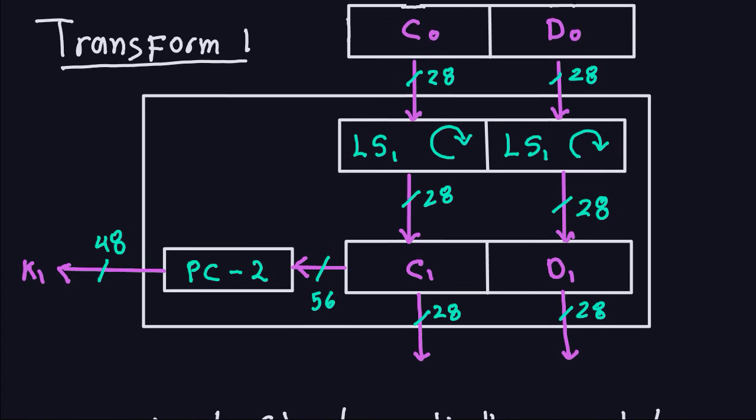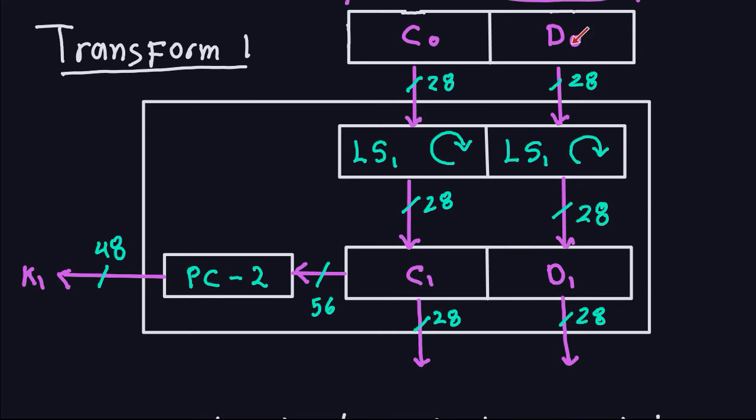Every time you get a transform, the input is a 56 bit block divided into left and right of 28 bits, and the output is gonna be a key. That's the one that we're looking for, and it also outputs another block for the next transform. Of course, the last transform, transform 16, is not gonna have any block output. It is going to have only the key output, because that's where we are interested in the keys, the subkeys in this case.